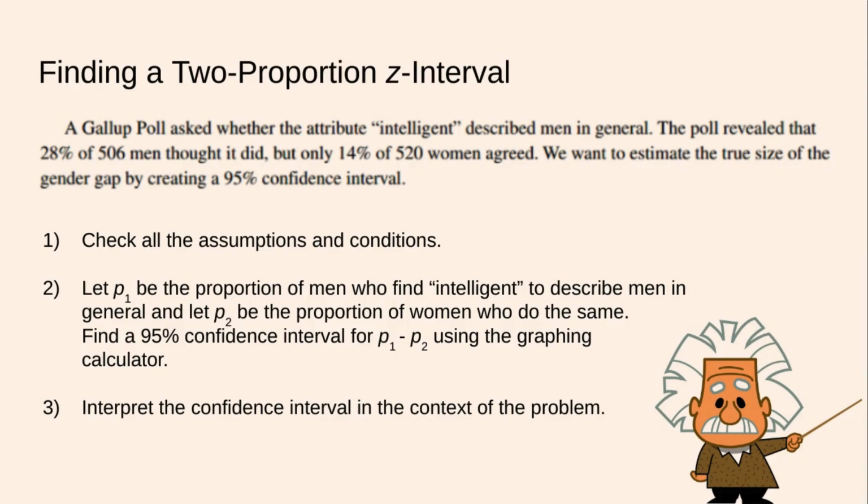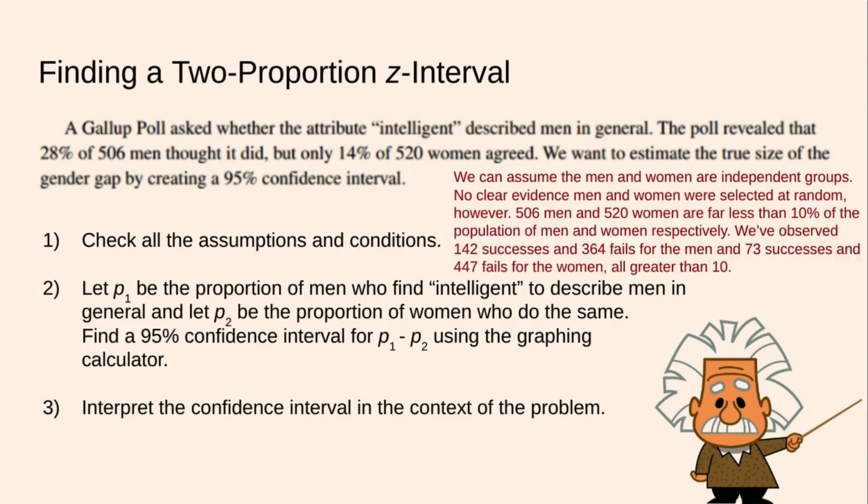We're going to check all the assumptions and conditions. So we can assume that men and women are independent groups. Unless there is a clear reason to think that the groups are not independent, we should assume independence there.